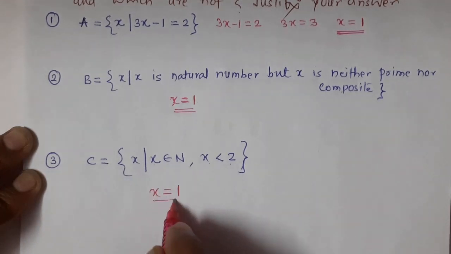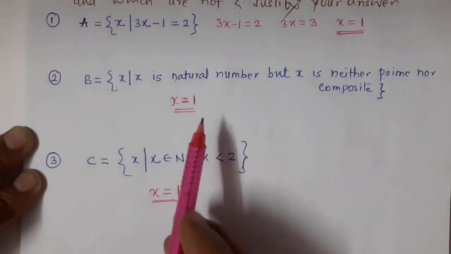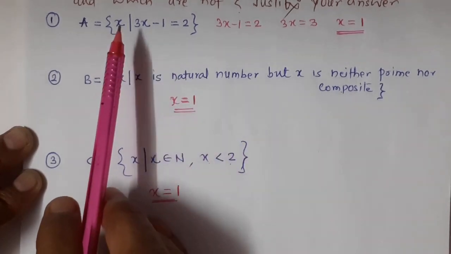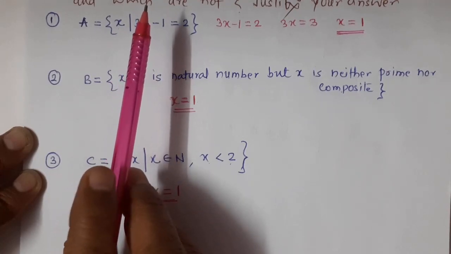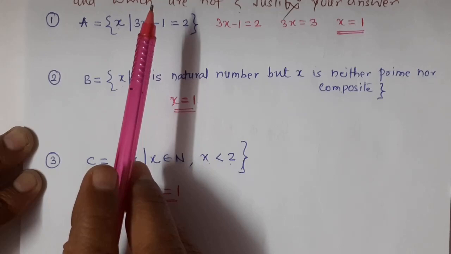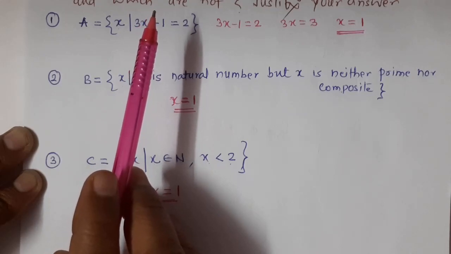So in the above three examples, you look at what value comes out: 1, 1, 1. The sets A, B, C are equal sets because they contain the same element.